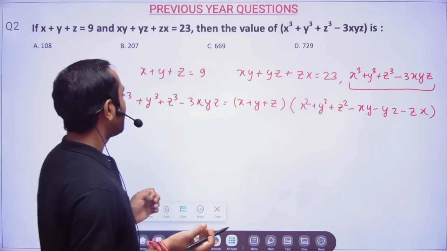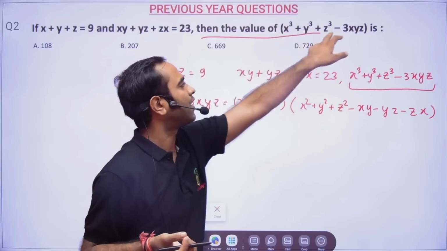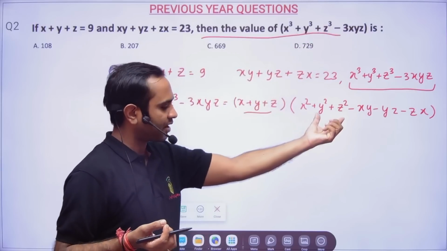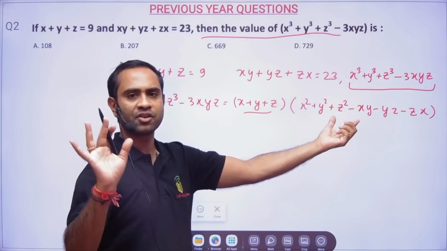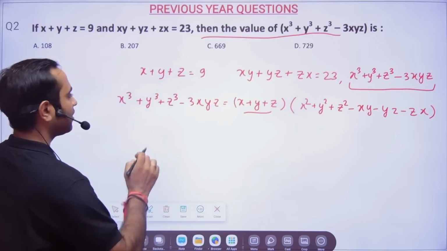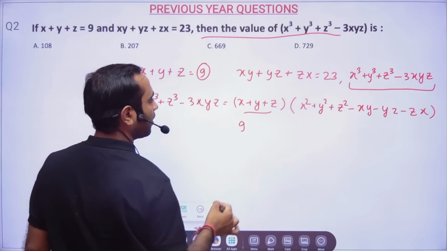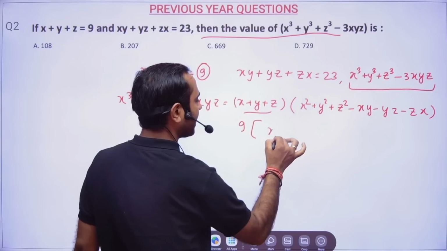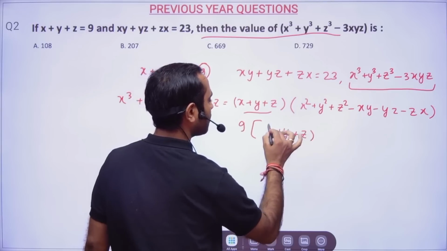Now friends, what is given to you? They are asking you to find the value of this, and this is given to you. If we convert this equation into that format, then your problem is solved, right? So x plus y plus z is anyway 9. Now to find this one, what will we do? I can write x plus y plus z whole square.